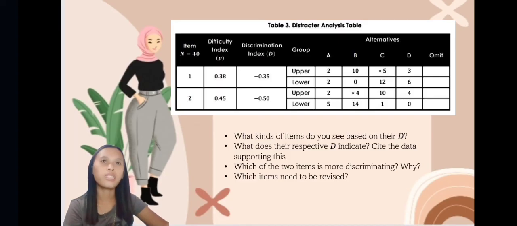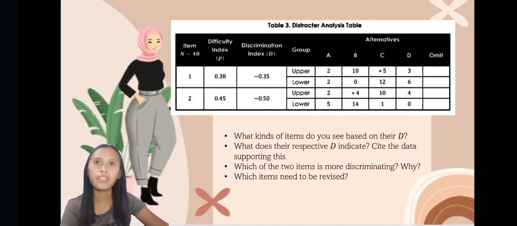As what you can see in table 3, the distractor analysis table, in the first column, item is equal to n over 40, difficulty index, discrimination index, then group, then the alternatives A, B, C, and D, and you can evaluate if you need to omit the item or not.